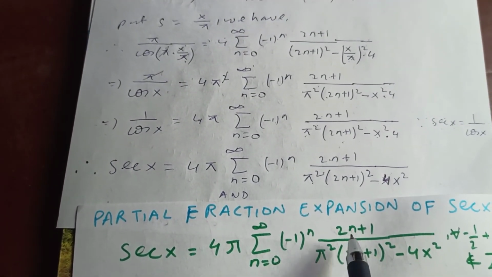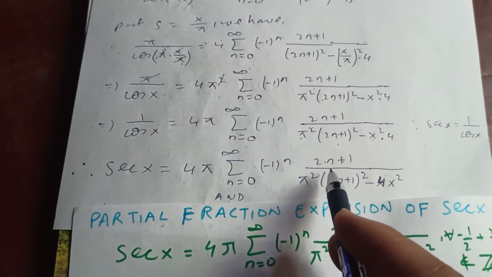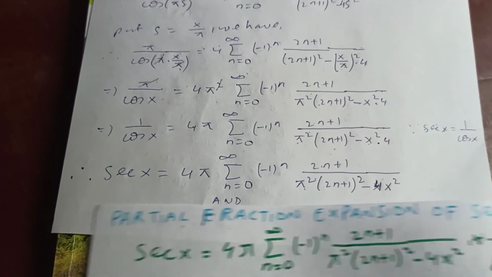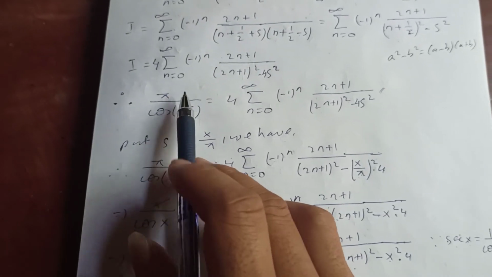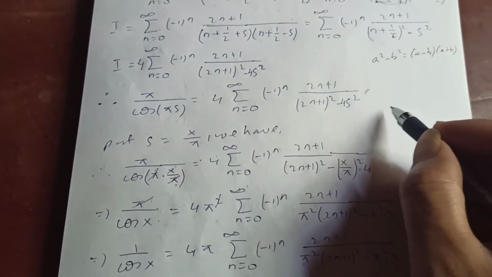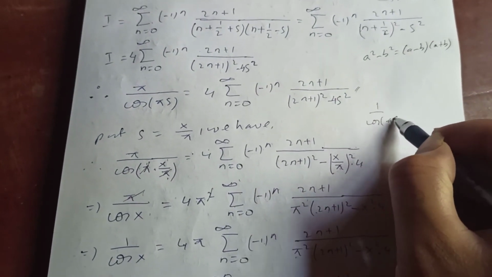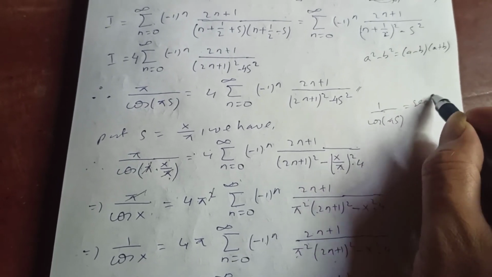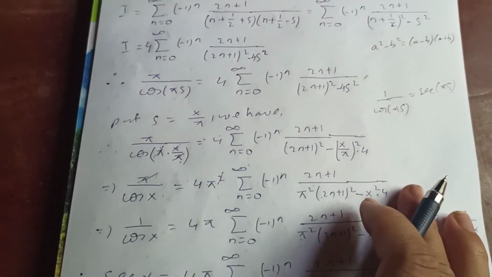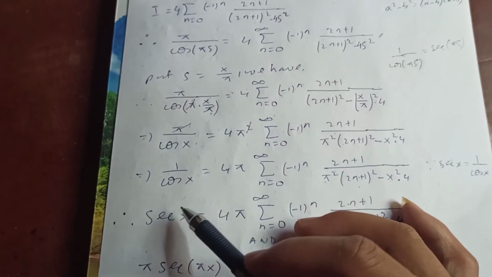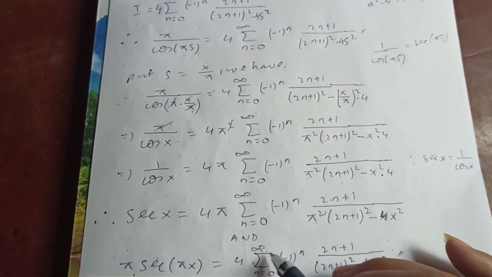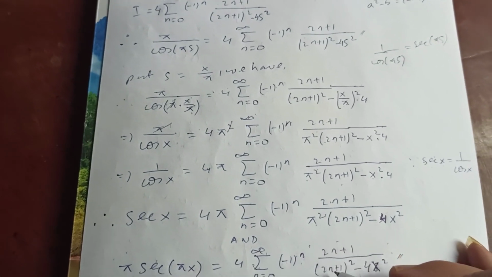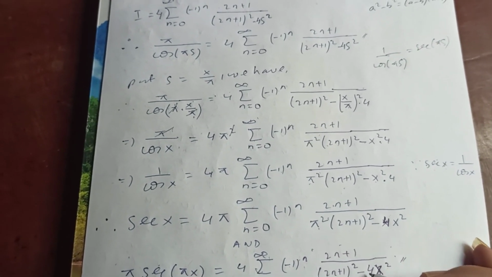So this one is same as this one, right? And this one pi over cos pi s, so 1 over cos pi s is nothing but sec pi s, okay? So just this one is same as pi sec pi x is nothing but 4 times sum from n equal to 0 to infinity minus 1 to the n, 2n plus 1 upon 2n plus 1 whole square minus 4x square.